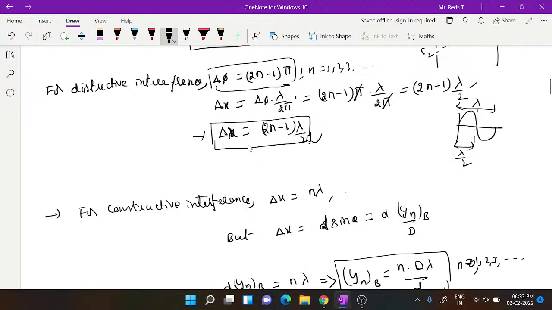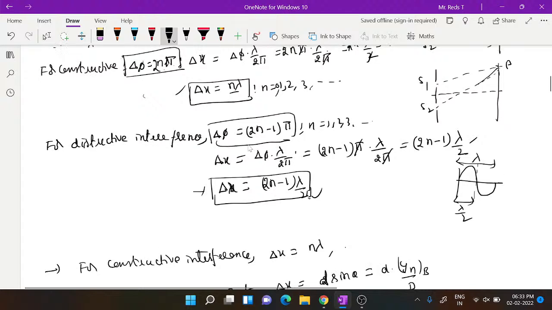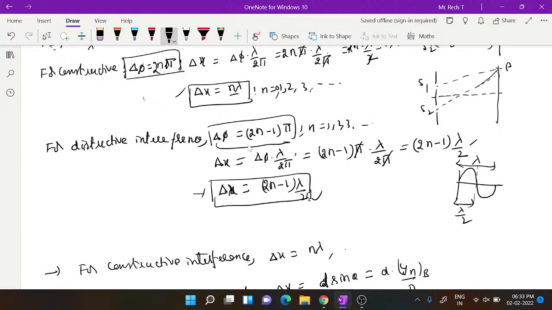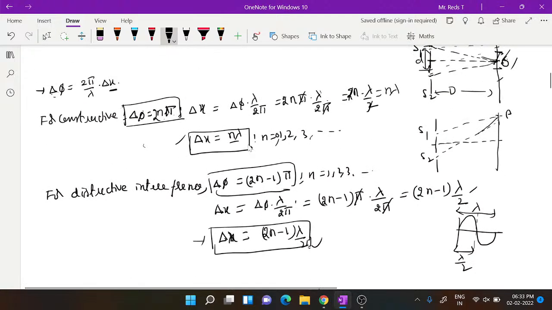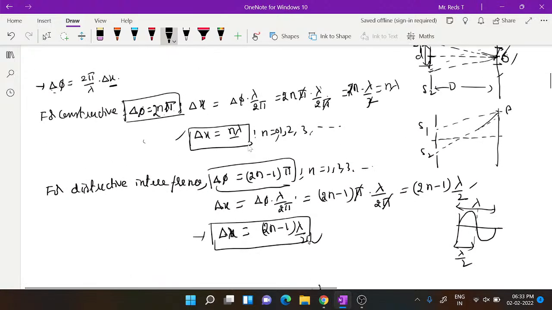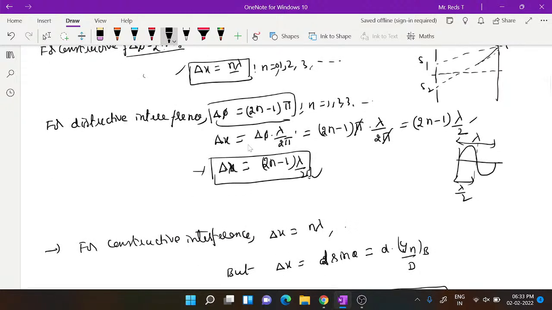I have not given the entire theory here. We can cross-check the positions of the bright bands and the dark bands. How do we find where we will get the bright band and where the dark band? For that we need a little more brief discussion.